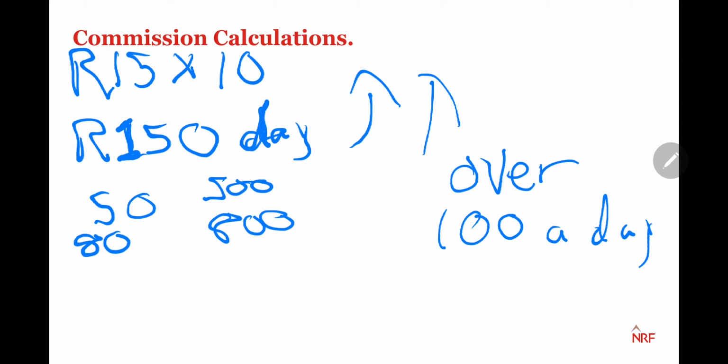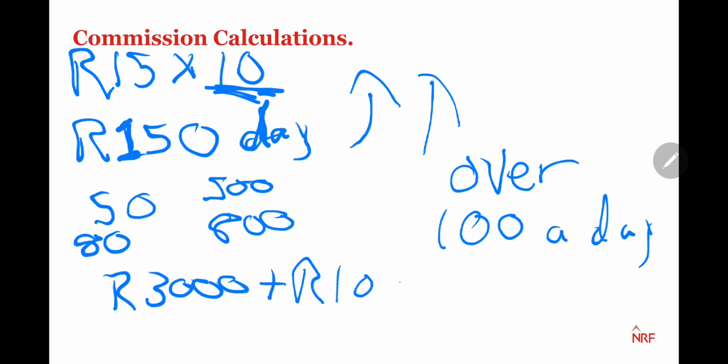So if it's 150 a day, you will earn around 3,000 monthly, plus, because obviously this is your main target, that 1,000 base salary that comes with you meeting your targets all the time. Now remember, guys, the base salary works this way.